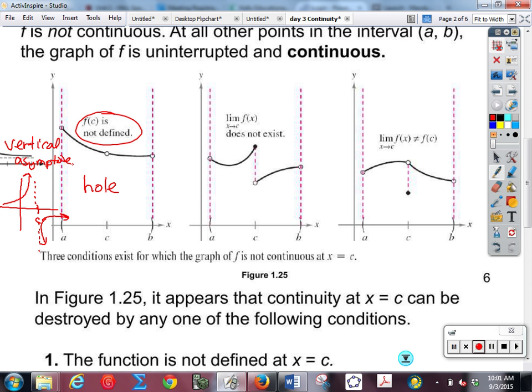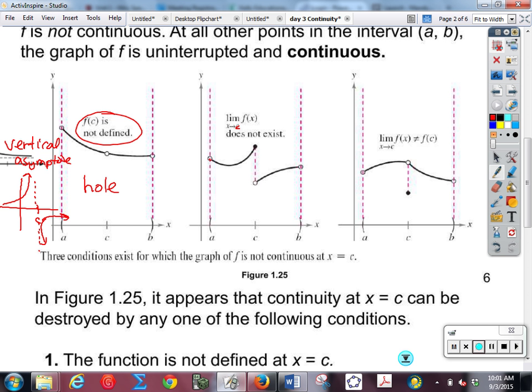So today you're going to have to say things like the function's not continuous at C because there's a hole there. Or it's not continuous at C because there is a vertical asymptote there. Or, for this one, the more technical definition would be, it's not continuous at C because the limit as x approaches C does not exist.